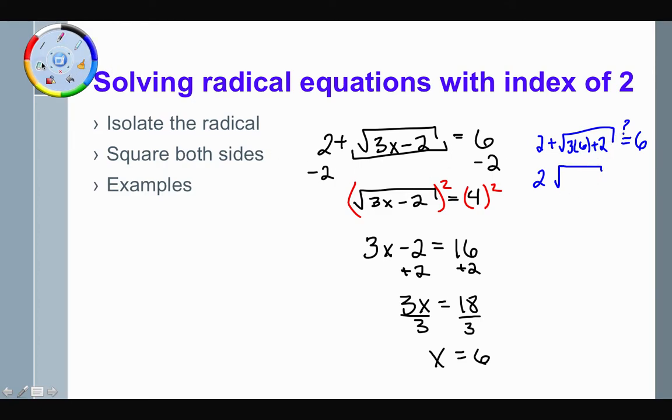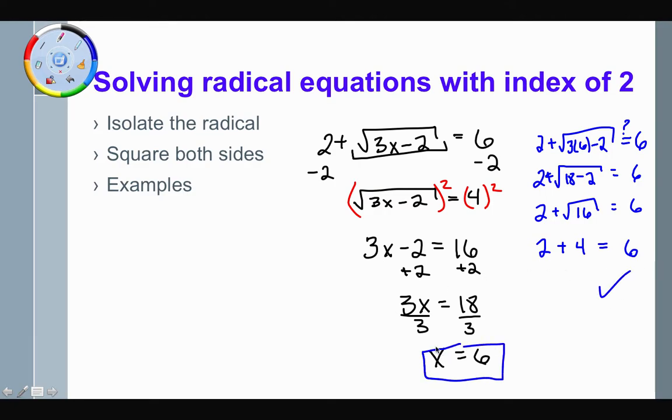So 2 plus the square root of 18 minus 2. 18 minus 2 is 16, the square root of 16 is 4, and of course, 2 plus 4 does equal 6. So we get the right answer. This x equals 6 is our solution.